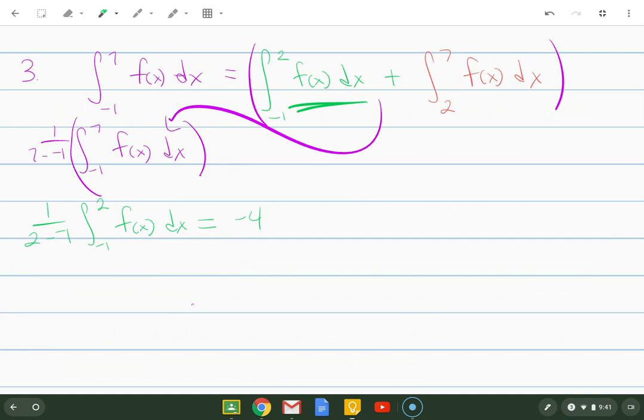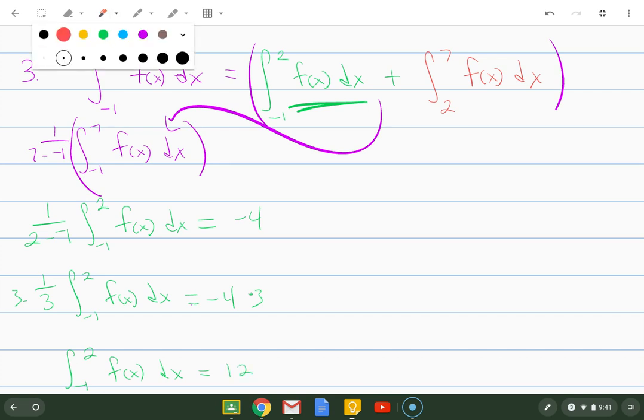Now what I really have is 1 over 3 integral from -1 to 2 of f of x dx equals -4. If I multiply both sides by 3, I get the integral from -1 to 2 of f of x dx equals 12.